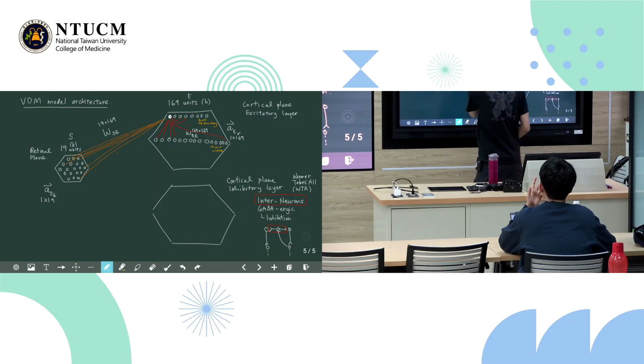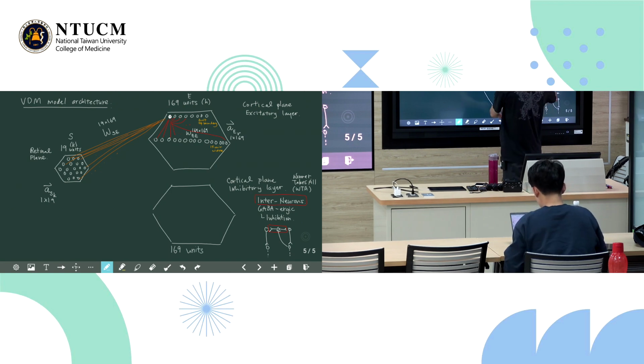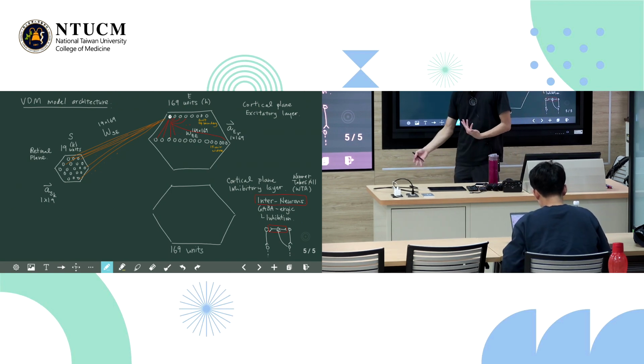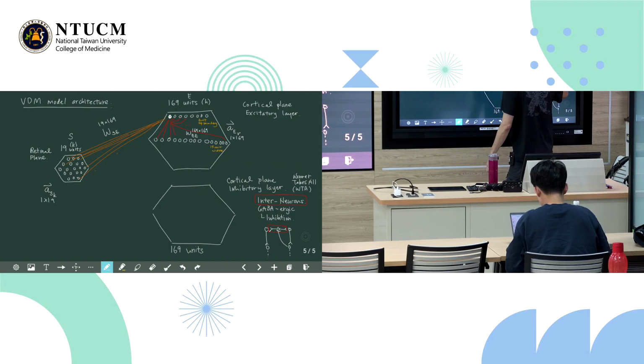And it is instantiated using this cortical plane inhibitory layer, and similarly it mirrors the excitatory layer. So you can imagine in your gray matter, it makes sense because in the gray matter, let's say this is deep.